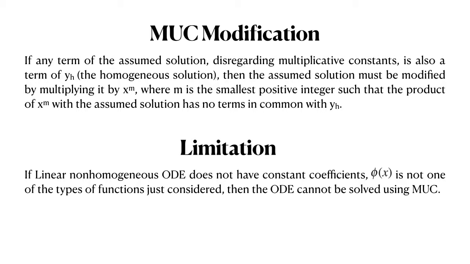So we have another solution for that na gitawag og method of variation of parameters, which will be covered next meeting. So the MUC, method of undetermined coefficients, will only be used if number 1, constant coefficients, and if number 2, the assumed solution could only be either those three or combinations of those three assumed solutions.